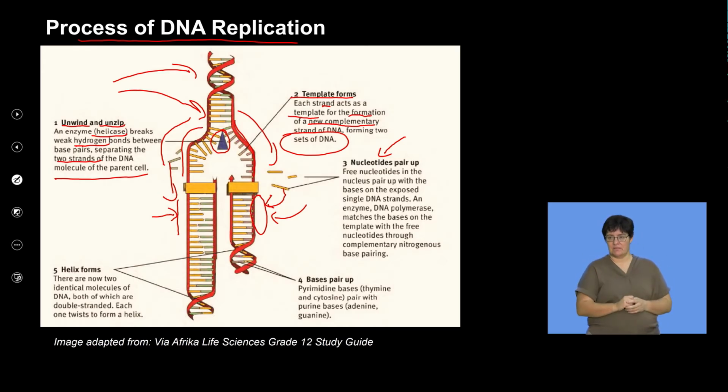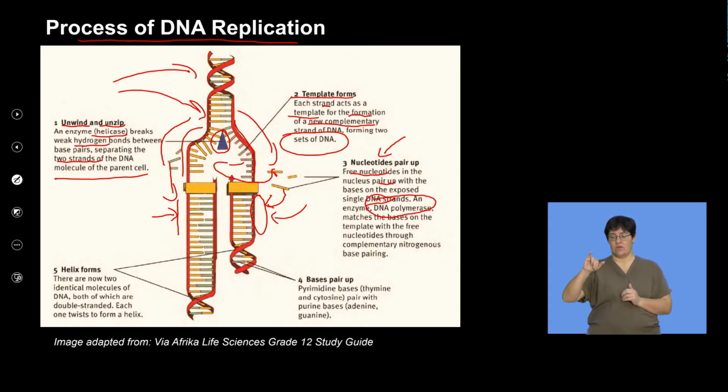So the free nucleotides will move and pair up with the exposed bases on the single strands. Here we've got these exposed bases, and the free nucleotides will move in and pair up, which I've illustrated further down here. This happens through an important set of enzymes called DNA polymerases.